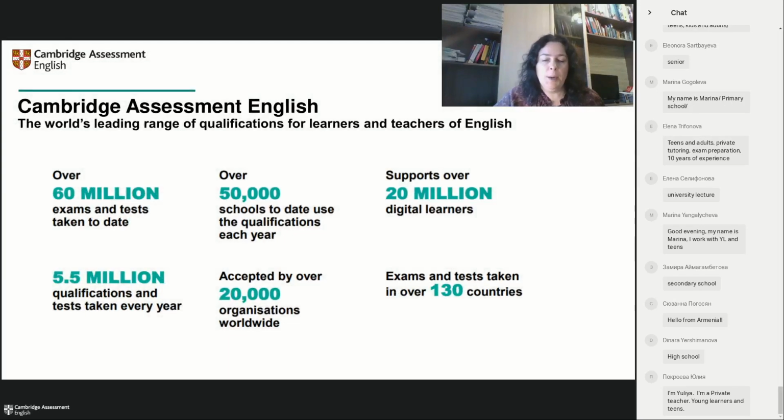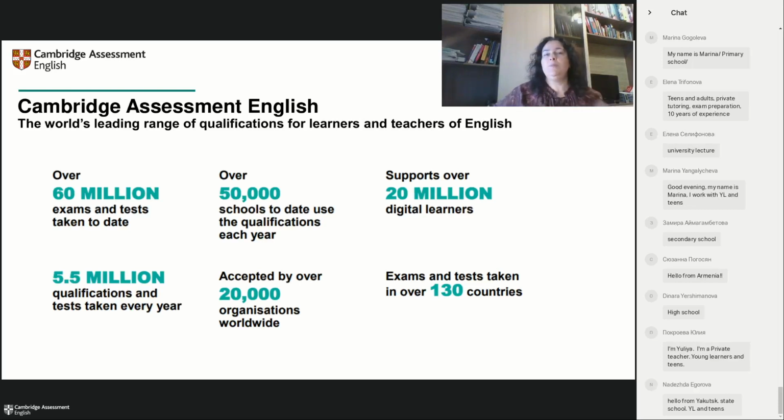Obviously, TKT is developed by Cambridge Assessment English, which is a unit of the University of Cambridge, a department, a leading body responsible for designing and delivering different exams, tests, and qualifications for both learners and teachers.